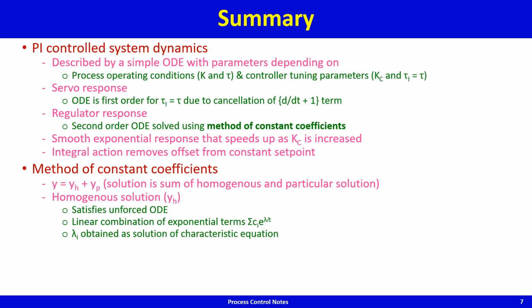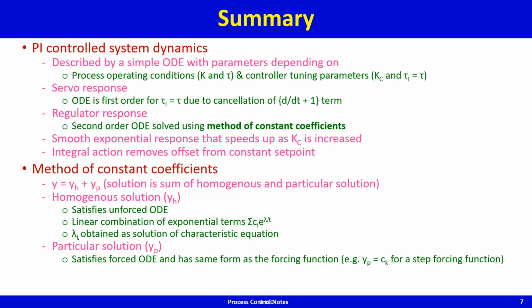So the homogeneous solution satisfies the unforced ODE. It is a linear combination of exponentials, and these exponentials are obtained from the characteristic equation. The lambdas are obtained from the characteristic equation, which ends up being a polynomial.